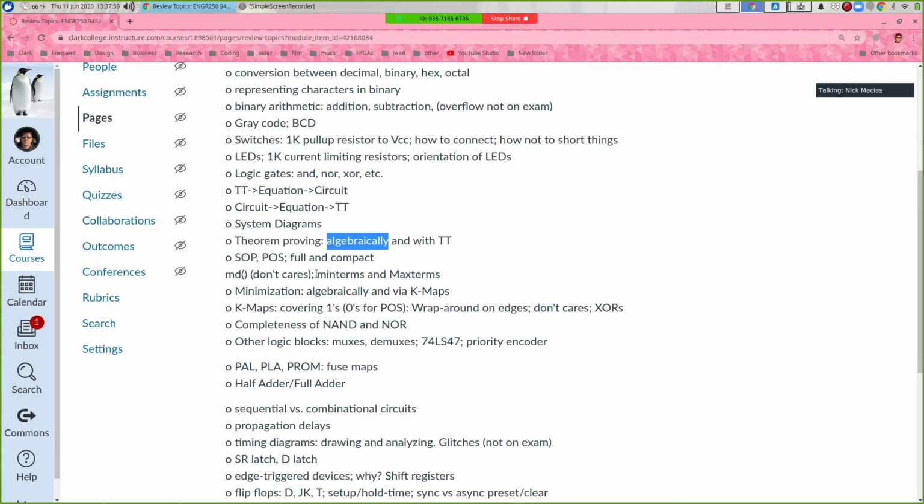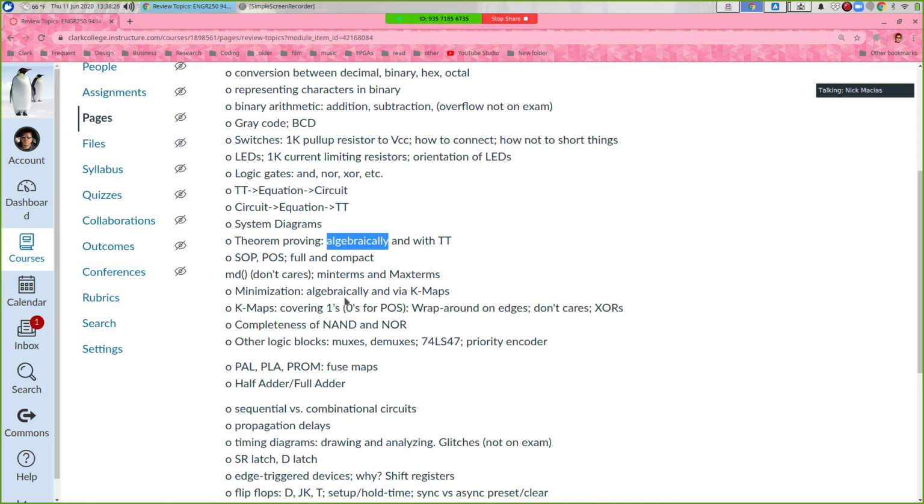If you have a compact expression and it has MD, those are don't cares. Compact form uses min terms and max terms. Min terms and max terms just run sequentially through the truth table if you're ordering your inputs in the usual way. It's a shorthand, so we don't have to write out A, B bar, C. We can just say this is min term 5.